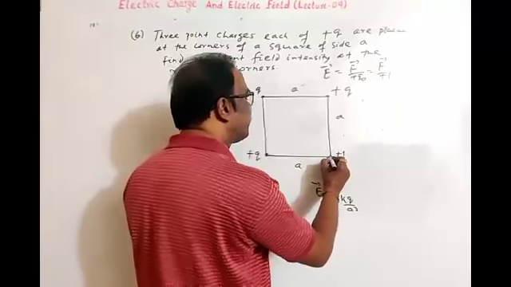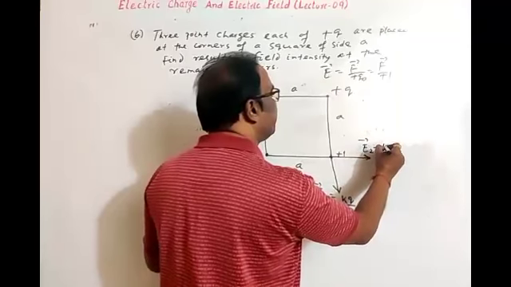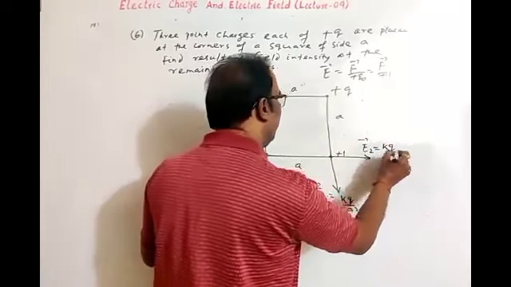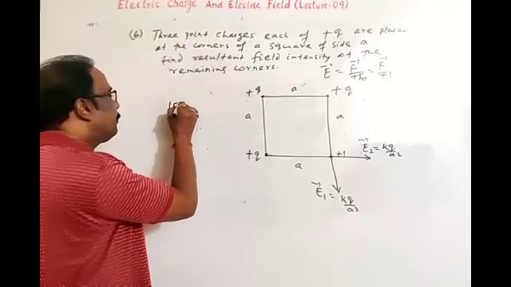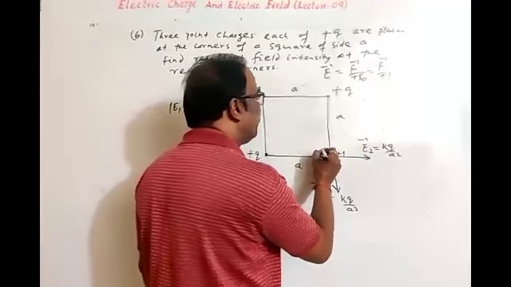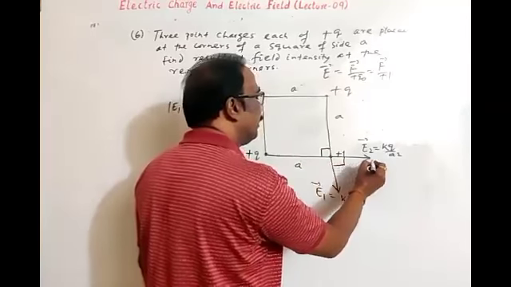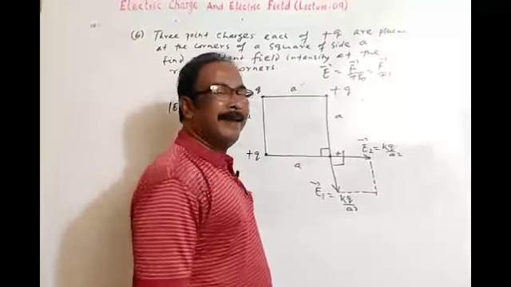Also this will repel it. Let the intensity be E2, again the magnitude is KQ divided by the square of distance. Thus the magnitude of E1 is equal to the magnitude of E2. Then obviously the angle between them is 90 degrees. Let's complete the parallelogram.